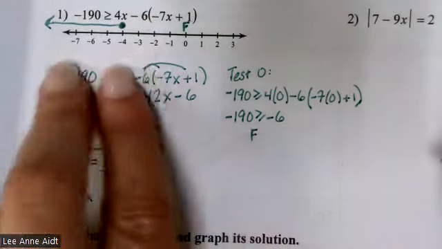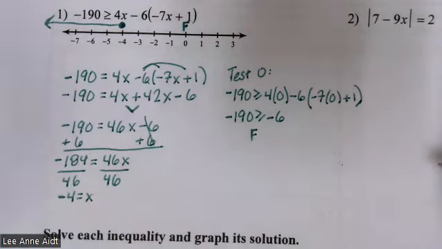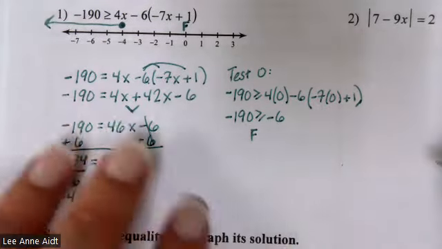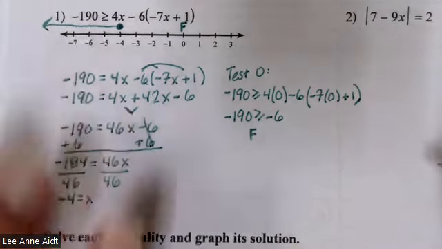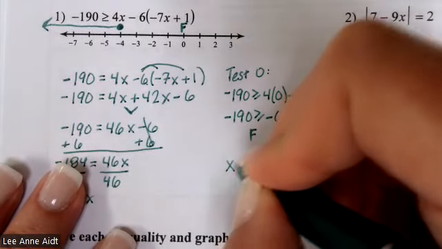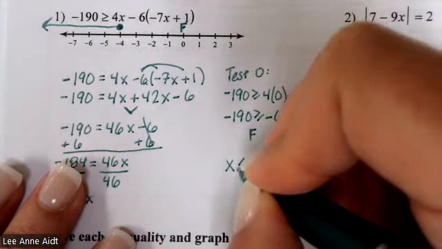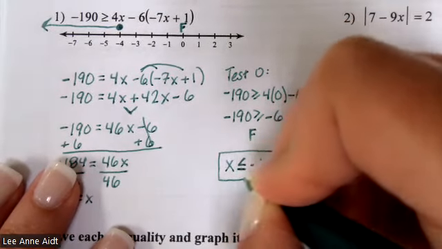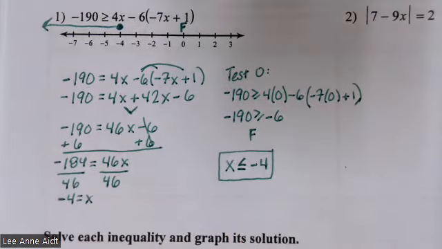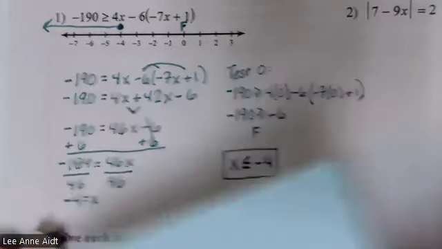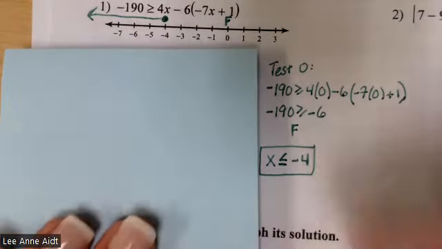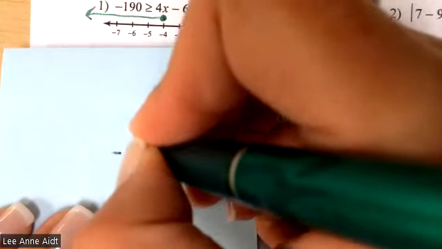And then final answer. A lot of you guys forgot your final answer on the quiz. You did all this work and then you forgot the final answer. So x is less than or equal to negative 4. Also, there were several of you who wrote it backwards. There were a bunch of you who wrote this.